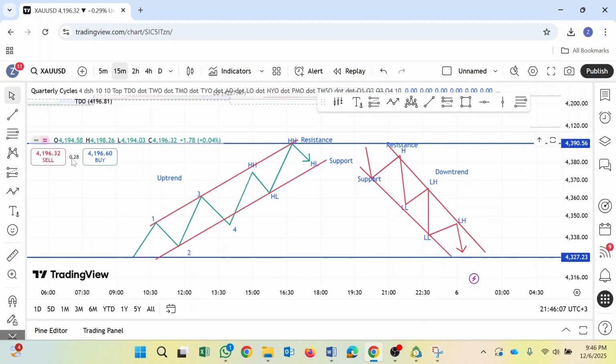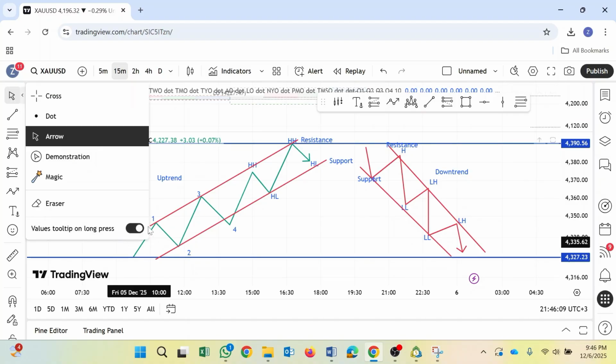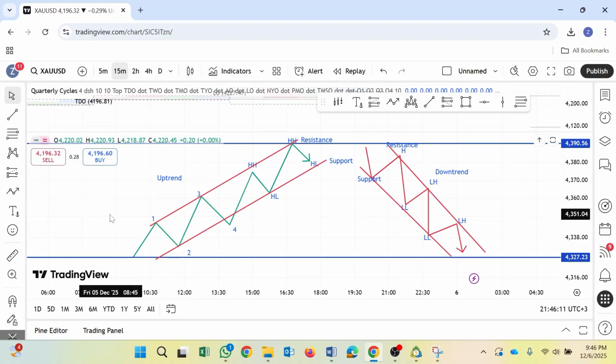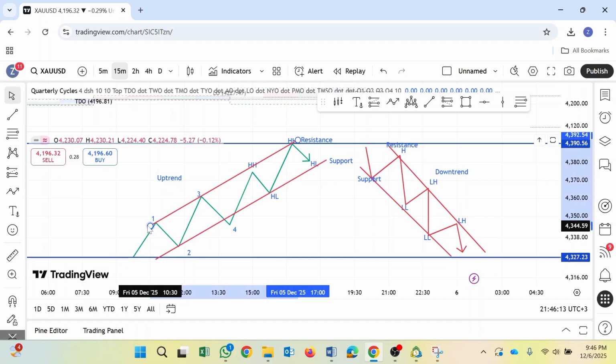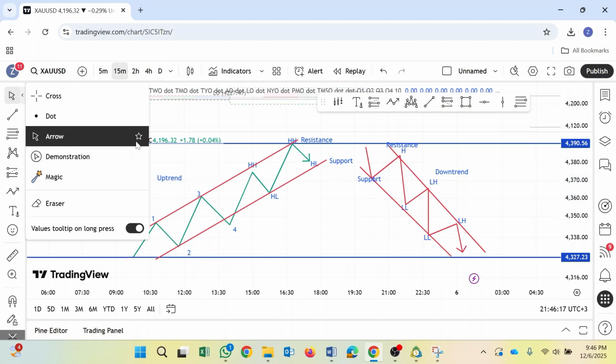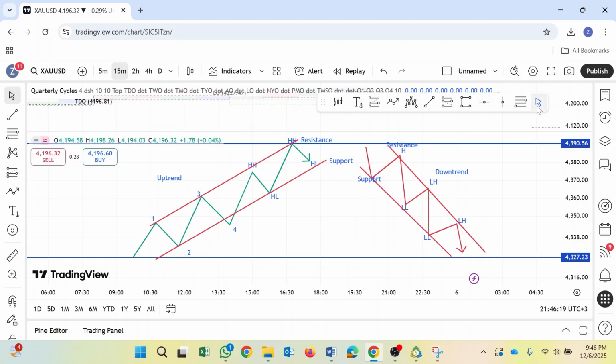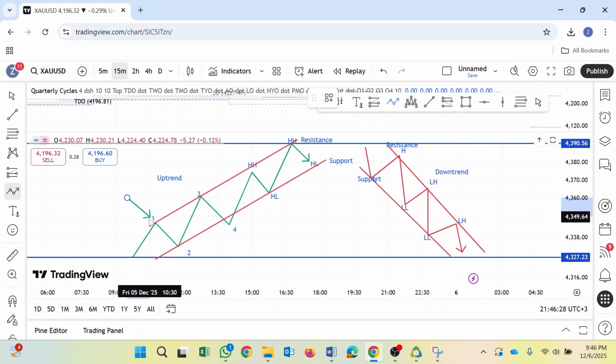Stick here, come on. So, if I want to draw an arrow, I hope it agrees to do that. If it refuses, then we use something else. Ah, my arrow come in here. Where are you? Anyway, it's not working. Let me try use something else. Let me use this.